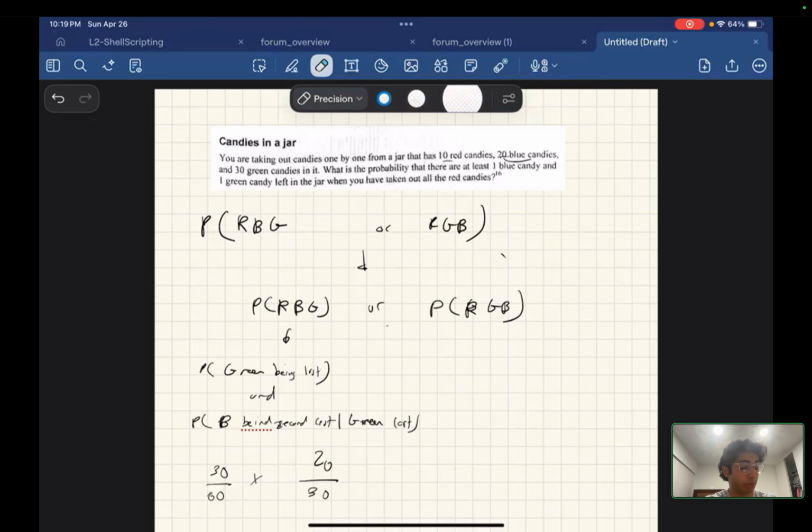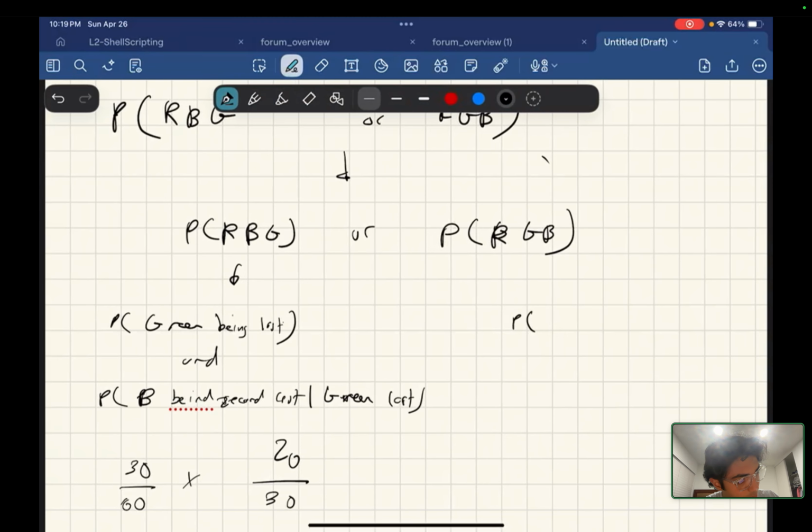Okay, and so now again, probability of red, green, blue is probability of blue being last and probability of green being second last given blue is last. So what's the probability of blue being last?